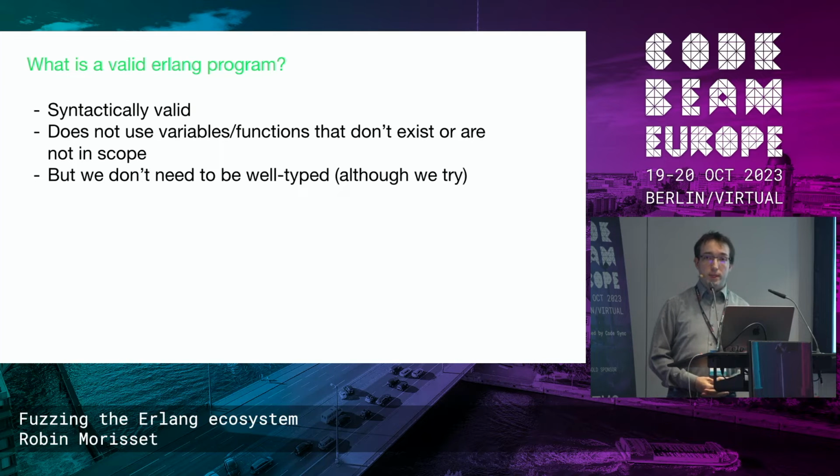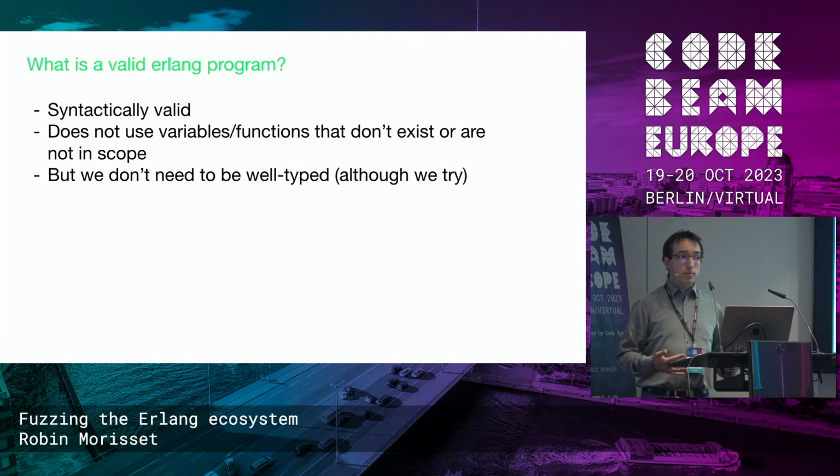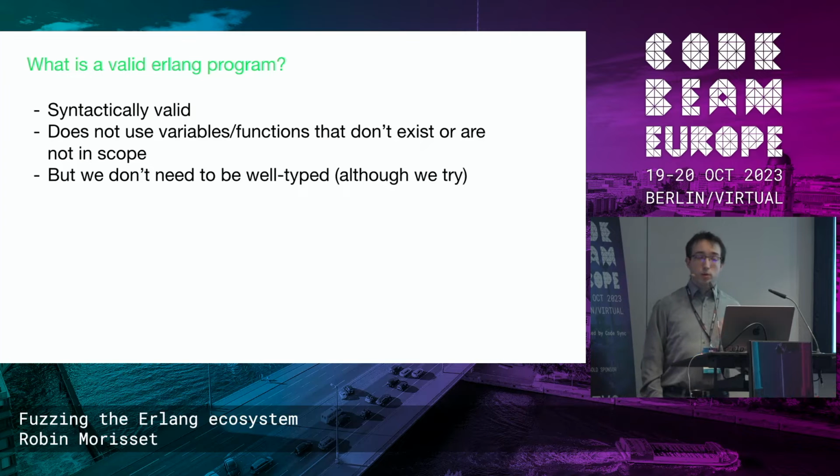So what do I mean when I say valid? First of all, it should be syntactically valid. That's the easy part. Just follow the grammar. The second part is that whenever we are using a variable or using a function, it should be defined and you should be allowed to use it. The good news is that since Erlang is dynamically typed, it's fine if the code that we generate is ill-typed.